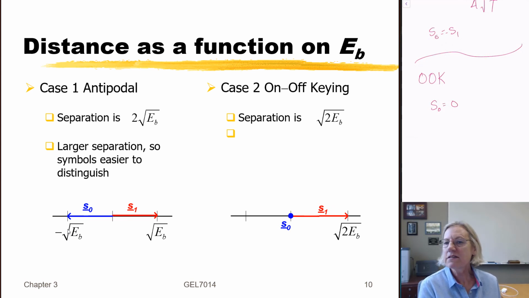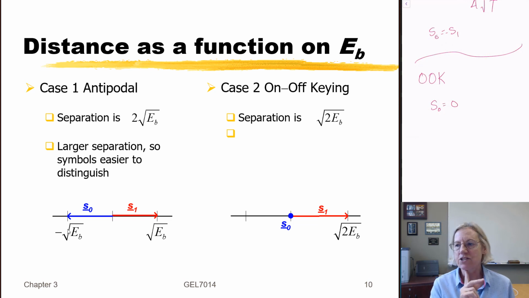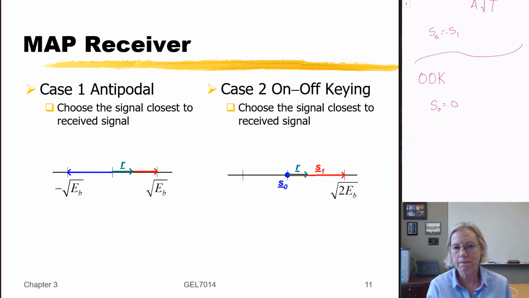So right off the bat, with this new normalization, I'm starting to suspect that the antipodal will have better performance, because in terms of the same energy per bit, they seem to be farther apart. And intuitively, farther apart should mean fewer errors for the same perturbation of noise. So let's go on now.